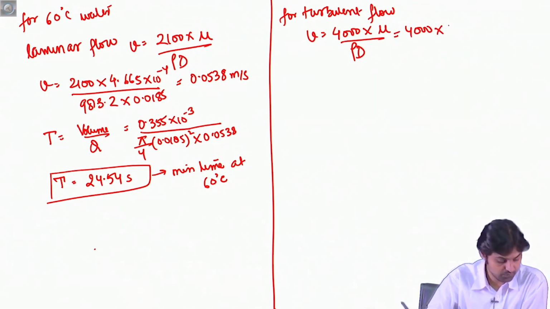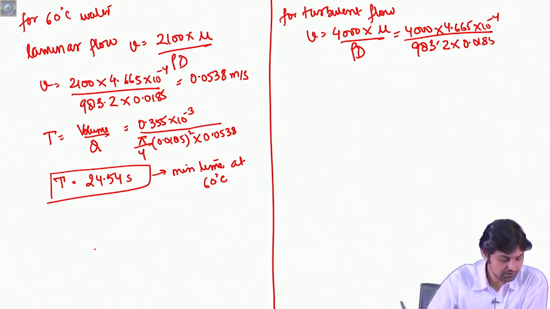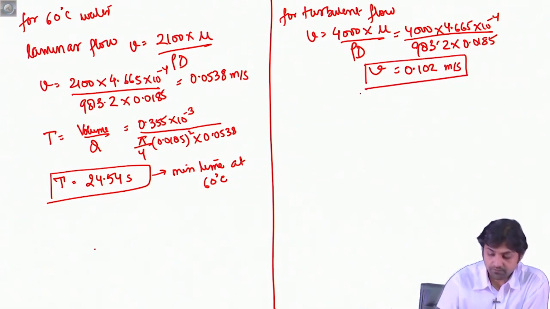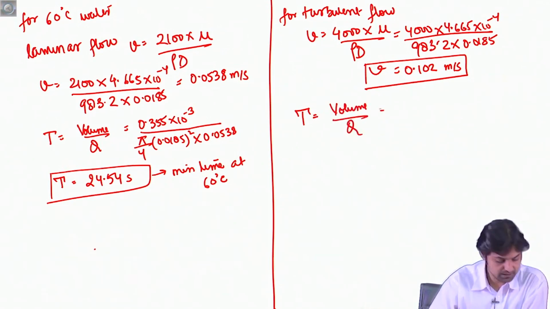Mu is 4.665 into 10 to the power minus 4, rho is 983.2, and the diameter is 0.0185, and the velocity is going to come out as 0.102 meters per second. Therefore the time taken would be volume by discharge.